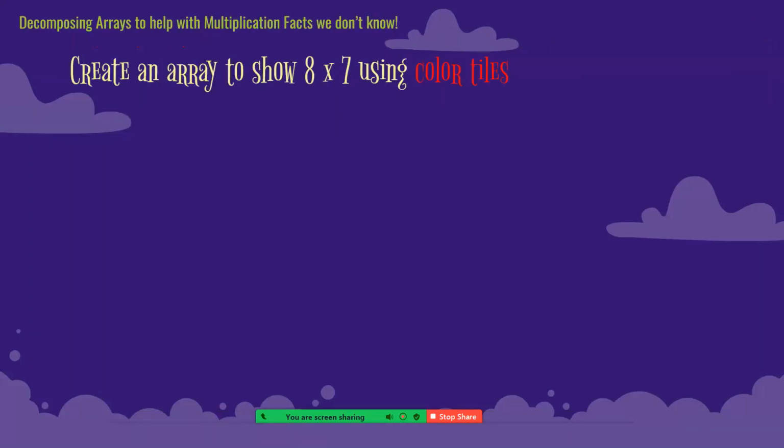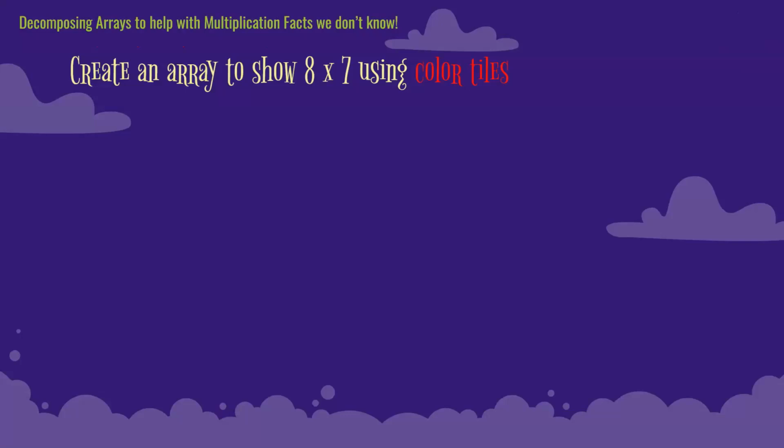Now, the next lesson after arrays is how to decompose arrays to help you with multiplication facts that you don't know, okay? So for example, man, those 7 facts and those 8 facts are so hard, right?